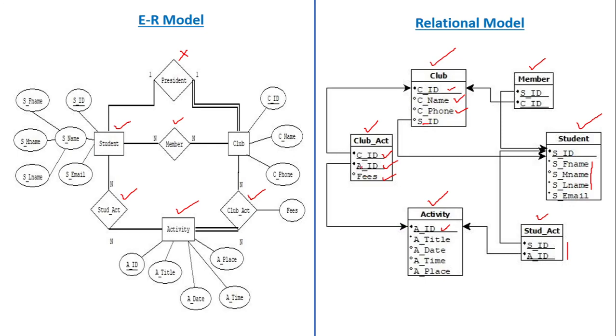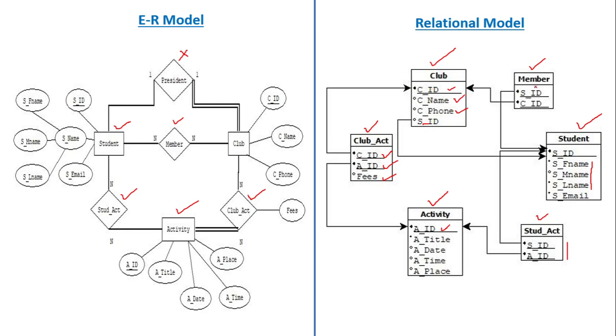The link goes from the foreign key to the primary key of the respective table. So here AID is the foreign key borrowed from the activity table, so the link is from foreign key AID to primary key AID. Link from foreign key CID to primary key CID.